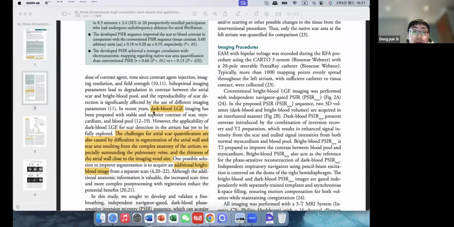So the recently proposed dark blood LGE imaging may have a stable and superior image contrast between scar and the myocardium and the blood pool.